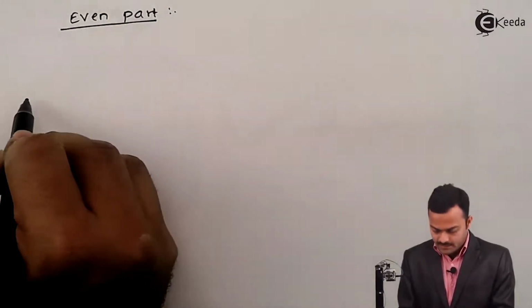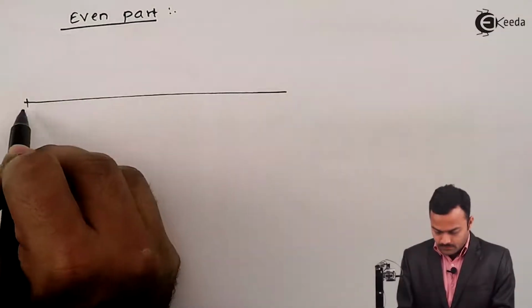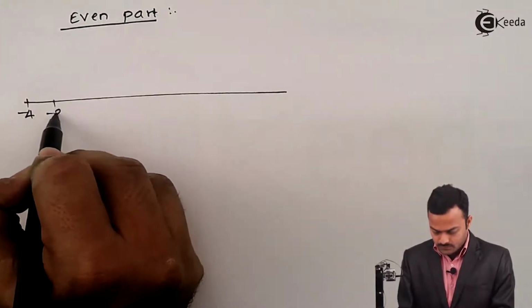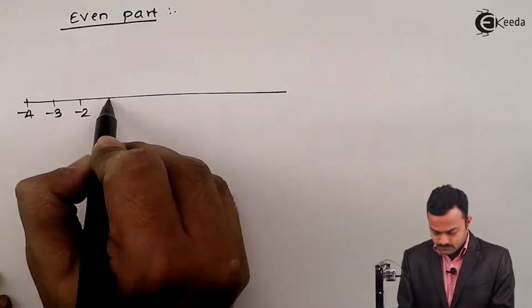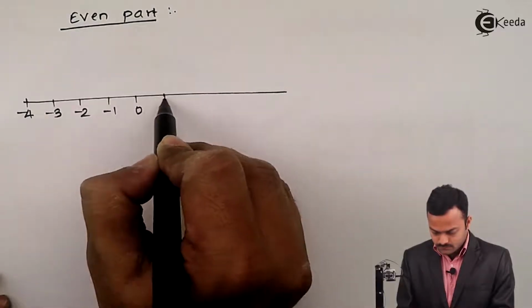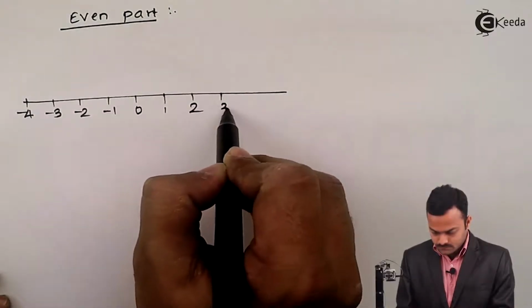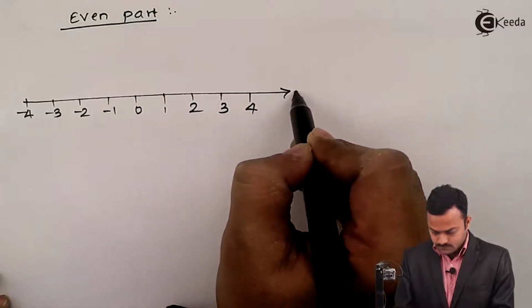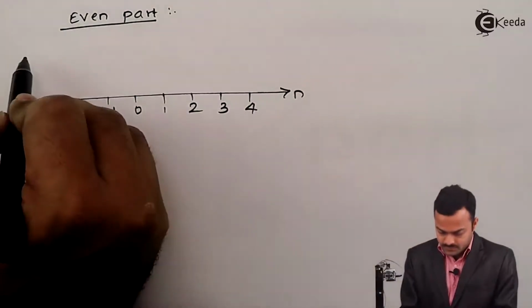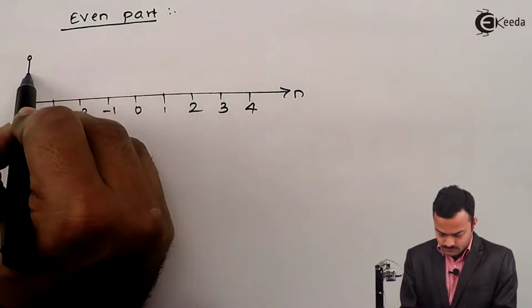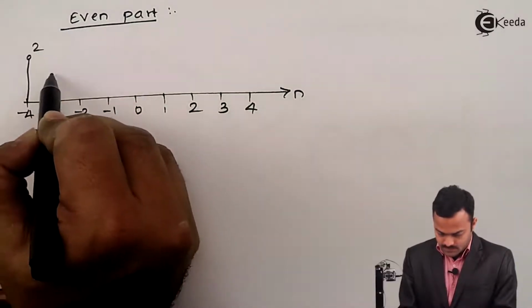It will have the span from -4 to 4. And the addition will give you the signal as follows.